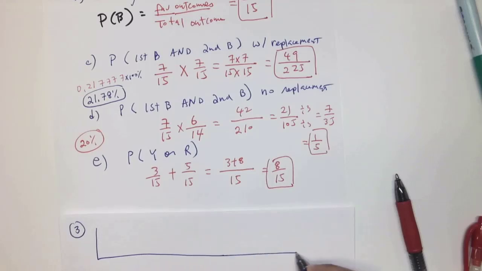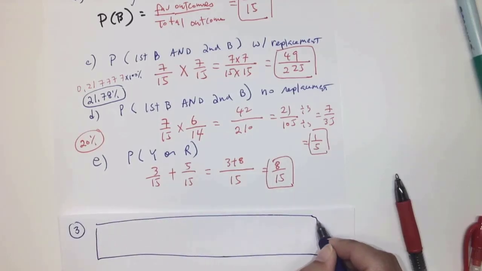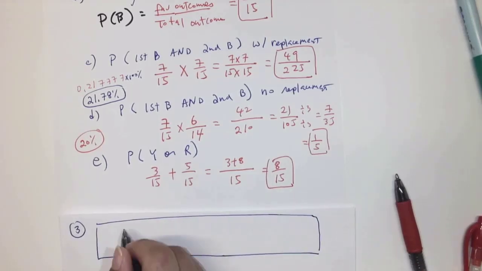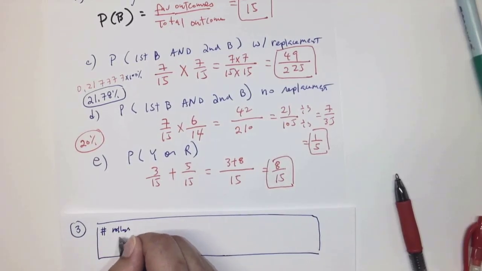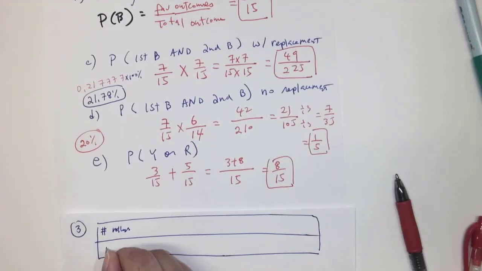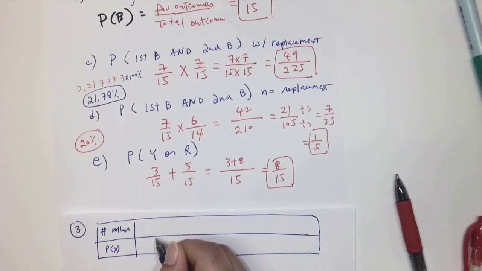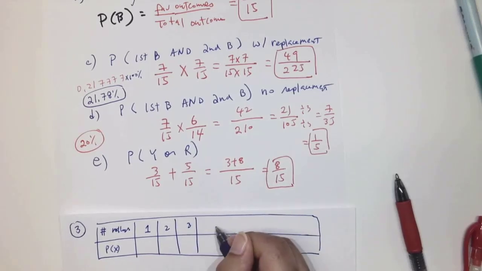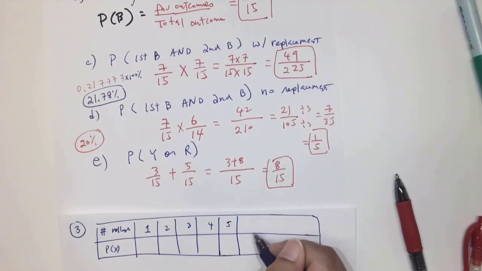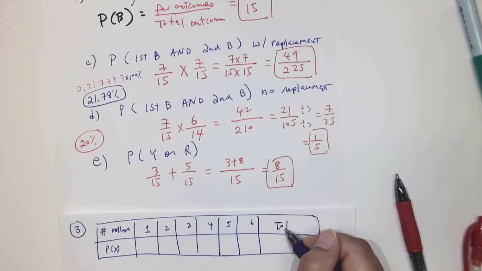It's going to give you a table. The dice is loaded. This is the number that you rolled and the probability, okay? So this loaded dice has 1, 2, 3, 4, 5, 6 total.